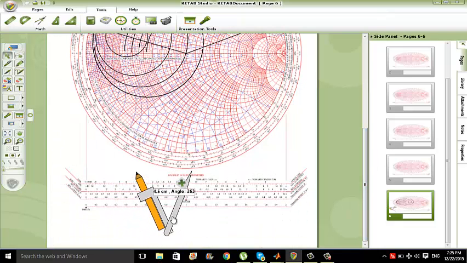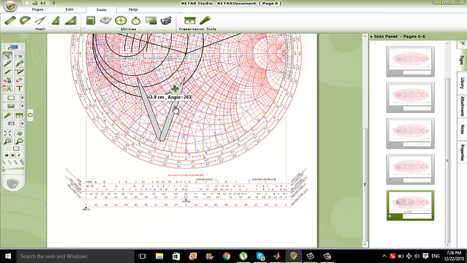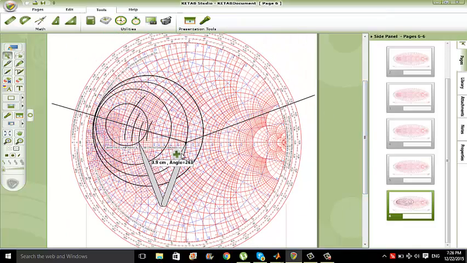Now we go back to the Smith chart, get the compass, and open it on the reflection coefficient scale at 0.107, and then at 0.454, to draw the intersection with the line we drew before at 20 degrees.